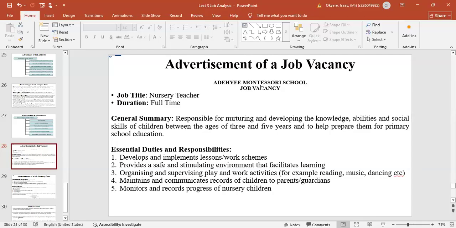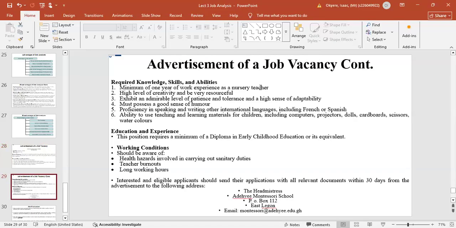Now you come to the job descriptions or the job responsibilities. Then we talk about everything that you are supposed to do. Afterwards, we come to job specifications, that is the skills, the knowledge, and the abilities that you are supposed to have.